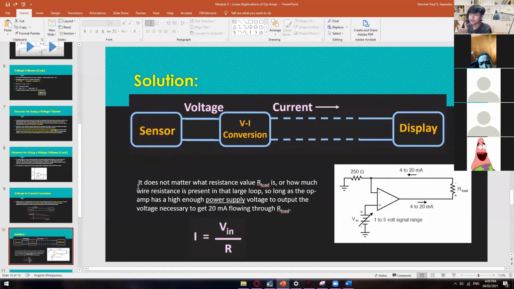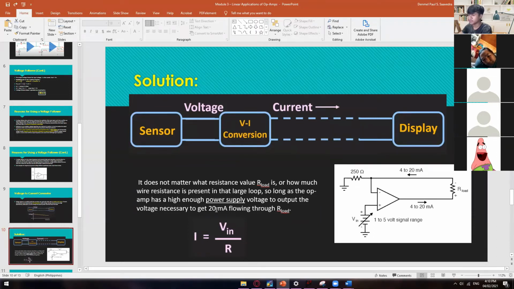One benefit of having a voltage to current converter here is that it does not matter what resistance value our load is or how much wire resistance is present in that load, so long as the op-amp has a high enough power supply voltage to output the voltage necessary to get 20 milliamps flowing through the R load.